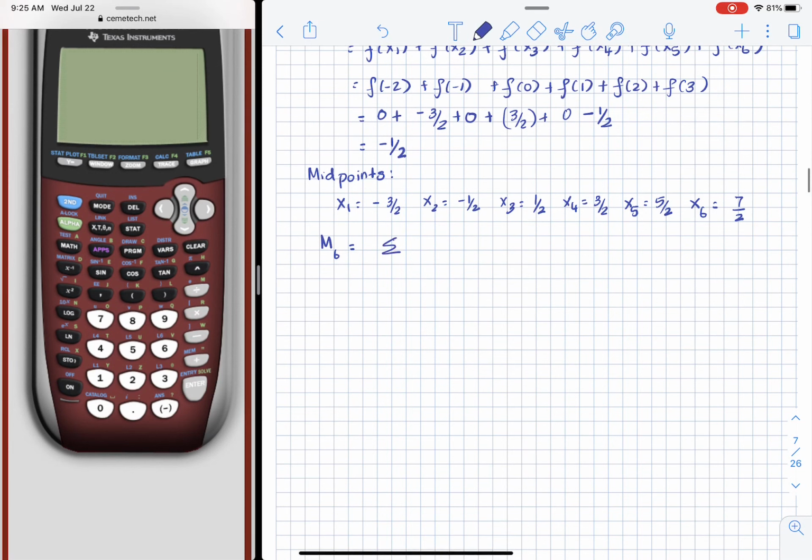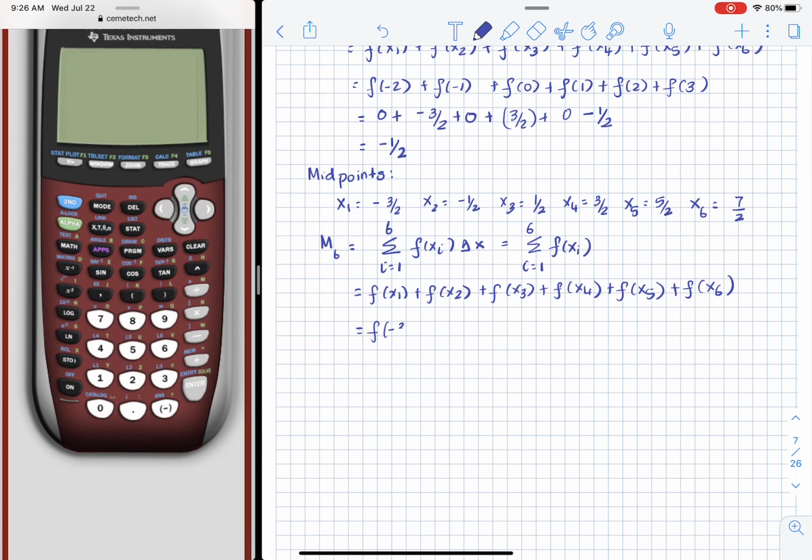So we have sum i equals 1 to 6, f of xi times delta x, which is still 1, so we have i equals 1 to 6, f of xi. So that would equal f of x1 plus f of x2 plus f of x3 plus f of x4 plus f of x5 plus f of x6.